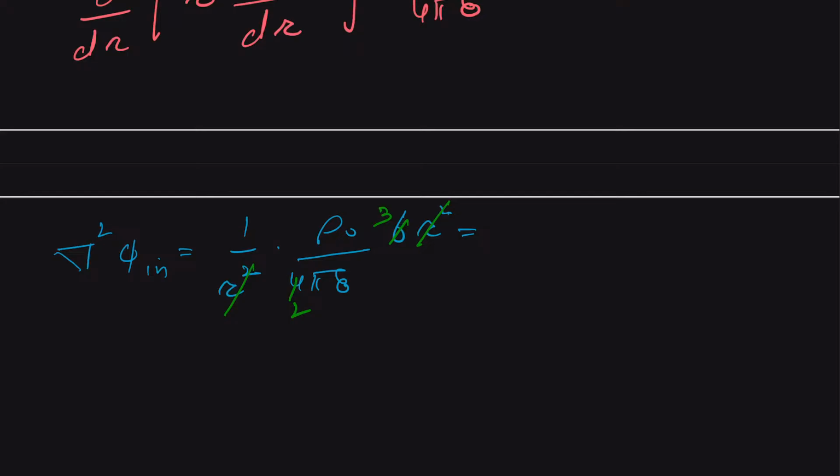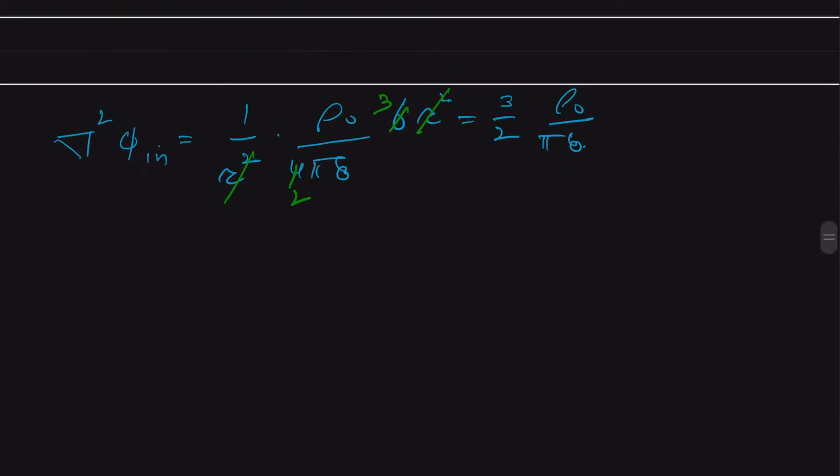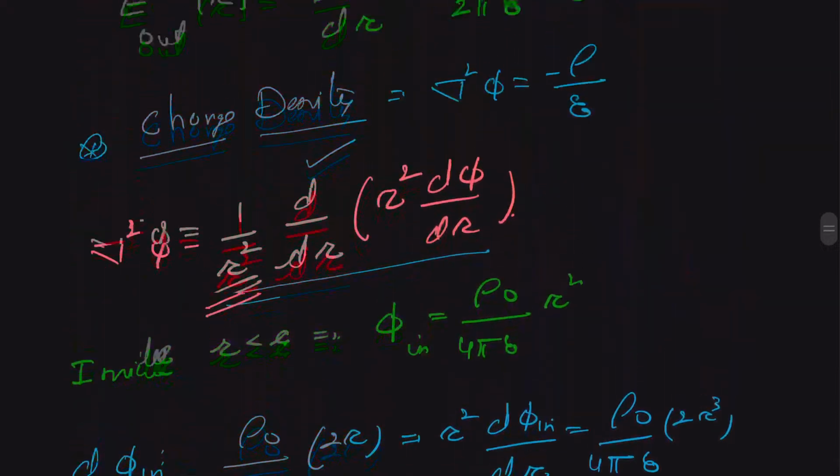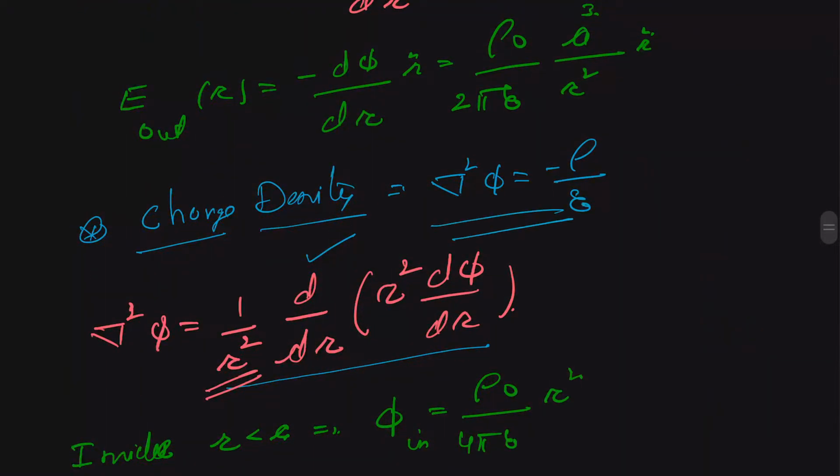So therefore this will be equal to, one second, something is missing. No, I think this is correct. So this is 3 by 2 rho naught upon pi epsilon naught, and we substitute in this equation.